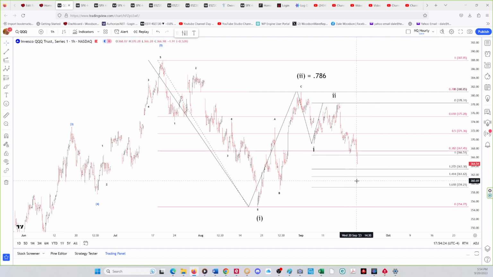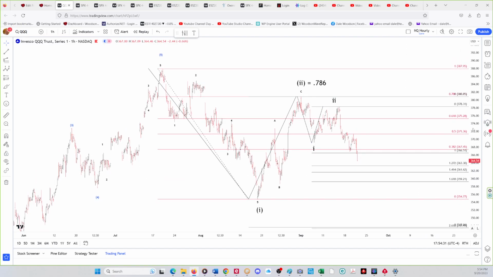Since this is a third of a third wave, we would think it would at least gain the 1.618, and just look, the 2.618 is sitting down there at 347.62. So a third of third wave down in the market and a third of third wave up in interest rates. No coincidences there, are there?